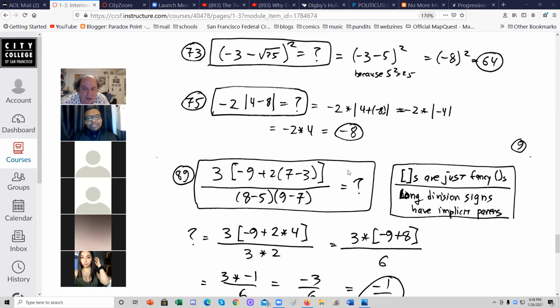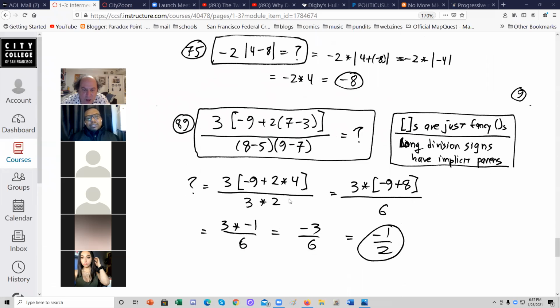They use that so you don't get too confused between which parenthesis is which. We start by doing all the innermost parentheses. 7 minus 3 is 4. 8 minus 5 is 3. 9 minus 7 is 2. So we have 3 times parenthesis 9 plus 2 times 4, end parenthesis, all that divided by 3 times 2.